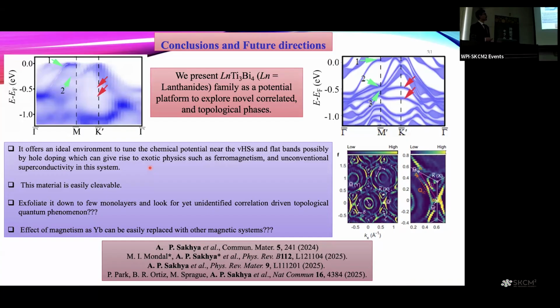So yeah, one can try to cleave down to a few monolayers and see if there is some phenomena which can be discovered in these systems. Not much work is done on these systems. And I already discussed this, so we can easily tune the chemical potential by hole doping and bringing it to flat bands or the Van Hove singularities.